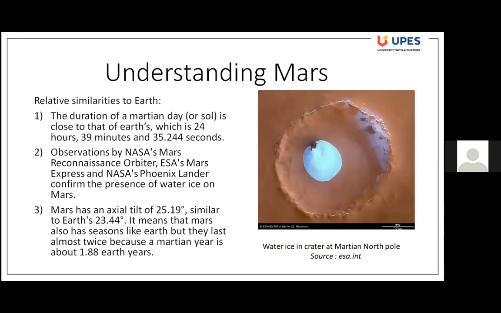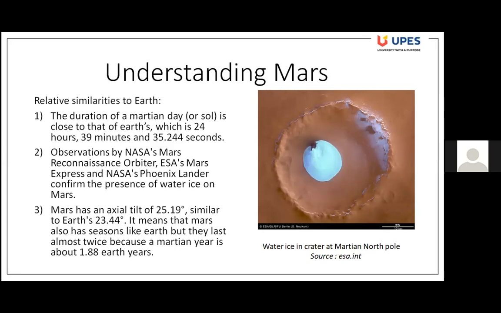Next up, we'll understand about Mars and its similarities to the Earth. The first is that the duration of the Martian day is close to that of Earth, about 24 hours, 39 minutes, and 35.244 seconds. The second is that observations by NASA's Mars Reconnaissance Orbiter, ESA's Mars Express, and NASA's Phoenix lander confirm the presence of water ice on Mars, which can be a crucial link in future for wave propagation in the colonization of Mars.